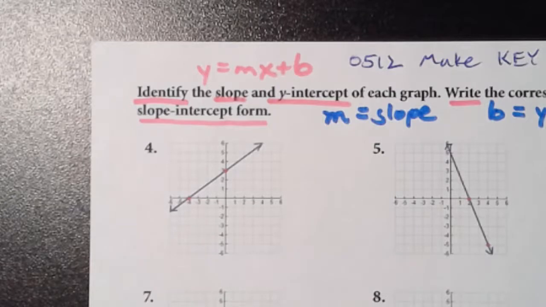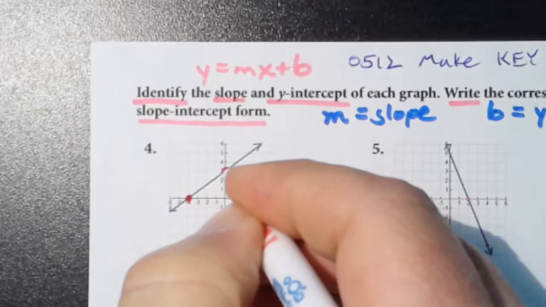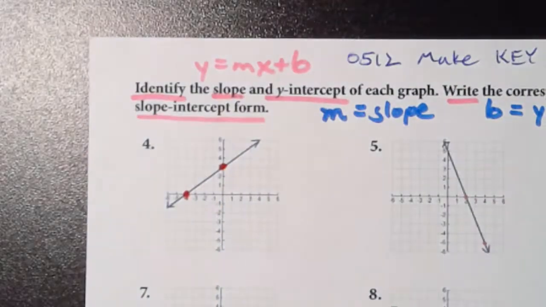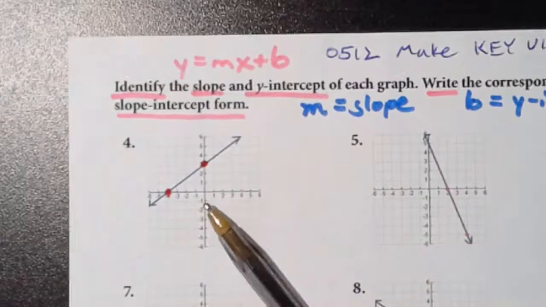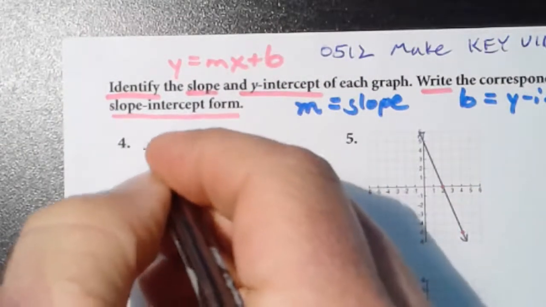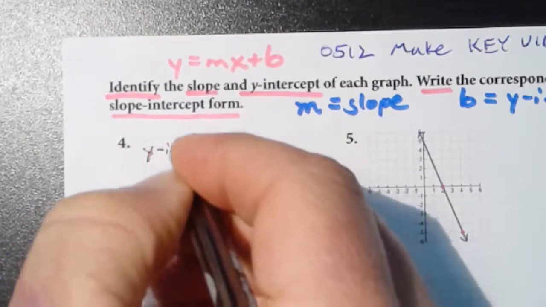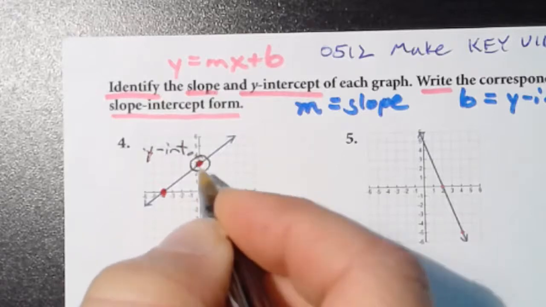I'm going to try this red pen just to accent what we're looking at. And I'm using a black ballpoint pen. So the y-intercept, I'm abbreviating here, is right there. And it looks like it's 3.